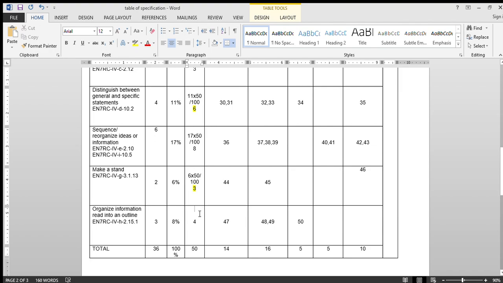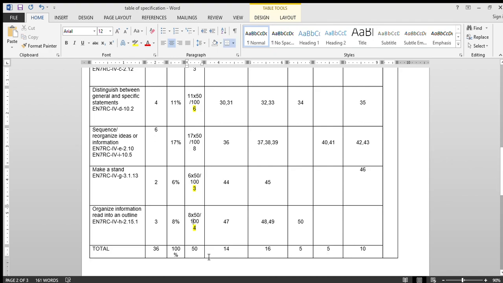And the last one, we have 8% of items. So we are going to use this one. 8 times 50 divided by 100. So we have a number of items of 4. So don't mind the computation here. I am not going to delete this one, for your guide.